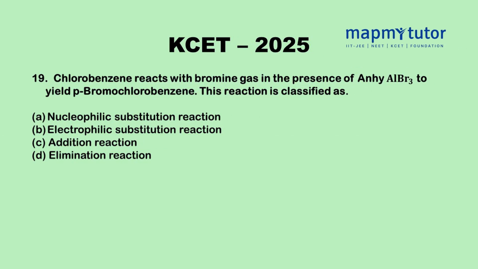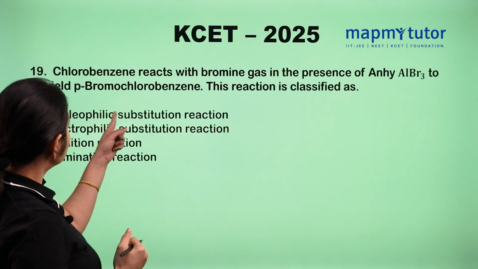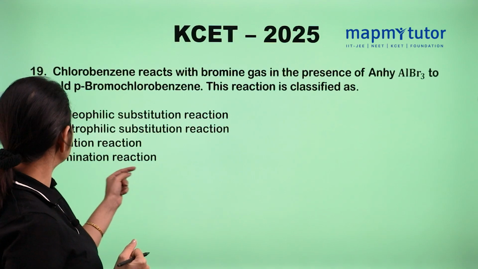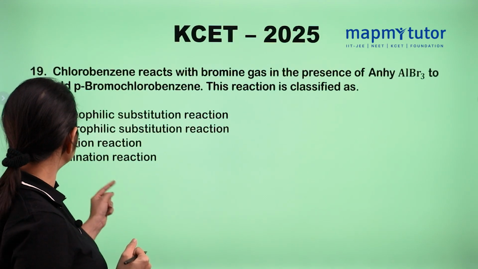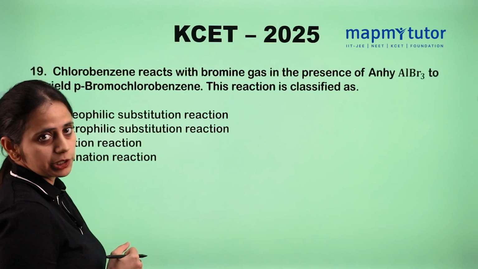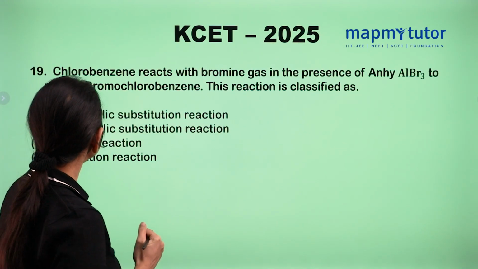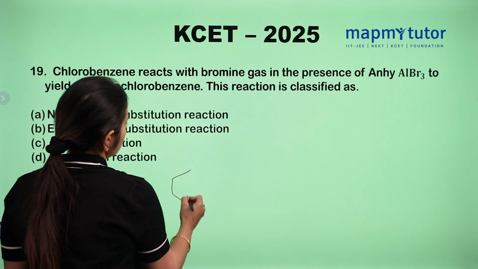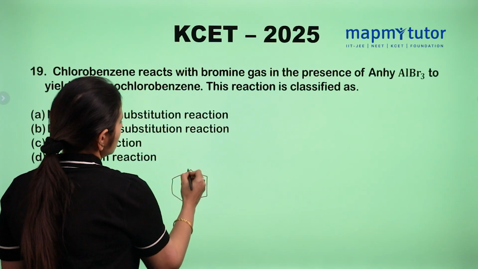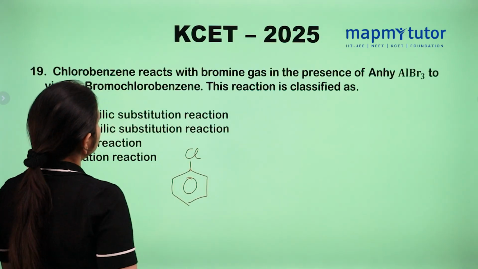Chlorobenzene reacts with bromine gas in the presence of anhydrous AlBr3, aluminum bromide, to yield para-bromochlorobenzene. This reaction is classified as either a nucleophilic substitution reaction, electrophilic substitution reaction, addition reaction or elimination reaction. Let's find out. This is chlorobenzene.